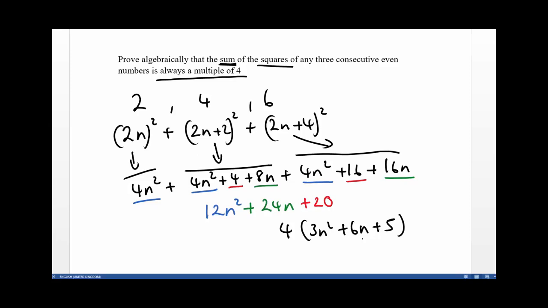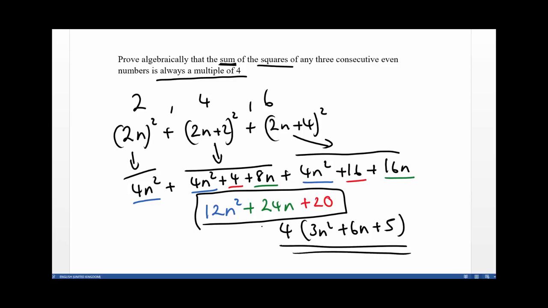You notice what's just happened? It's definitely going to be a multiple of 4 because 4 has to be a factor of it. So 4 is a factor of all of this here. So what we've just done now, we've proven algebraically that this is our final answer here.